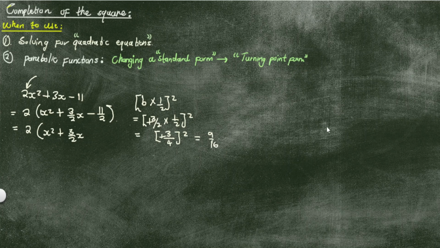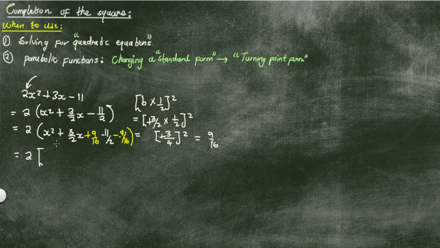Okay, so you're going to add 9 over 16 here, then minus 11 over 2. You take the same 9 over 16, you subtract 9 over 16, close the bracket.